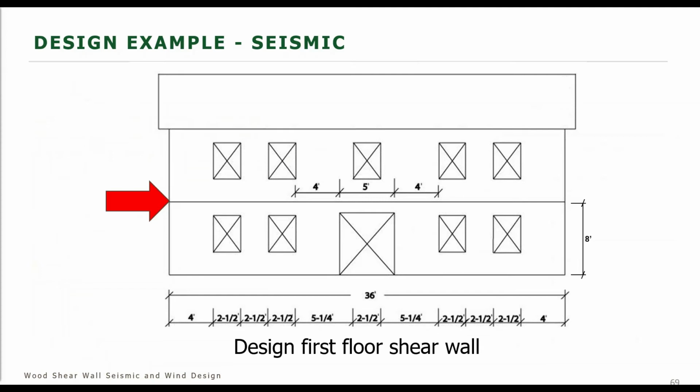Seismic obviously equals force, mass times acceleration, and we'll be designing these first floor shear walls. There was a question that came in asking, shouldn't the second floor shear walls be designed? That is true. The second floor shear walls should be designed, and you carry that down into the first floor. But since we're limited on time, we're designing the first floor and taking all the load from above and putting it into the second floor to design our first floor shear walls.